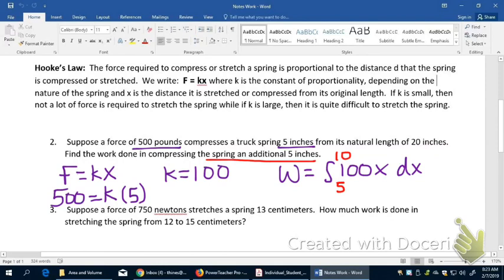So if I find the antiderivative here, the antiderivative of 100x is 50x squared. And we're doing it from 5 to 10. So you plug in 10, you plug in 5, and you subtract. You should get 3,750.